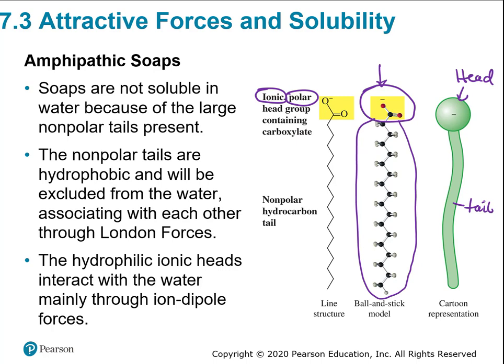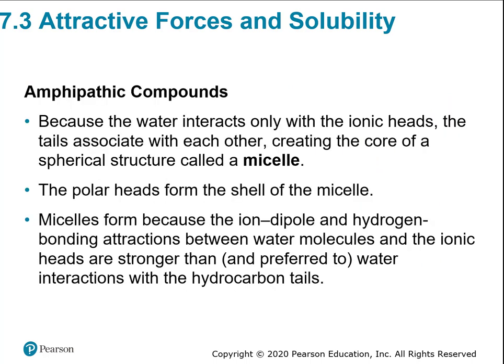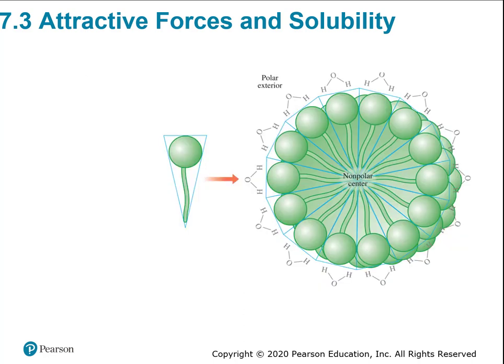So if you take soap molecules, like we made soap, and you put them in water and tested its cleaning ability, what soap molecules do, as soon as you put them in water, is that the polar, hydrophilic heads want to interact with water, but the hydrophobic tails do not. So they wrap themselves into a sphere.